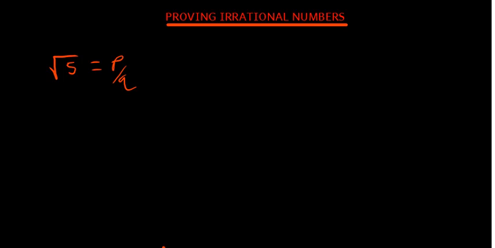Then we are going to square both sides so that we remove this square root here. When you square, you are going to have 5 is equal to p squared over q squared.